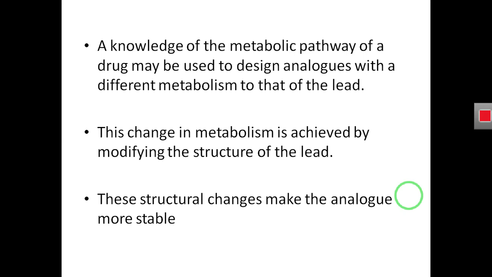What is the particular phase 2 reaction that will happen with phenolic drugs in the liver? It is sulfation. I have already discussed in my previous lecture that in phase 2 reactions there is a reaction of sulfation, meaning addition of a sulfate group to a phenolic drug.